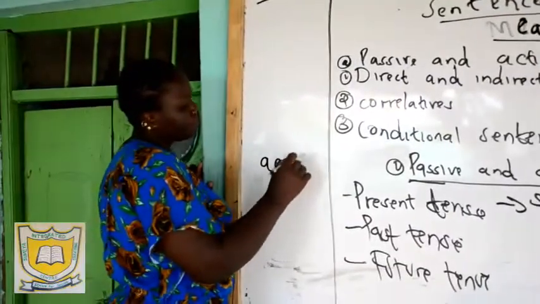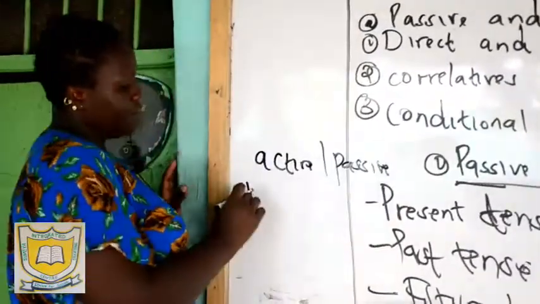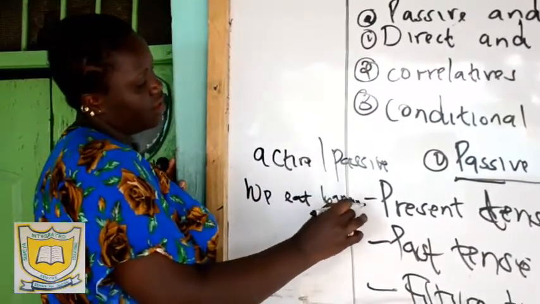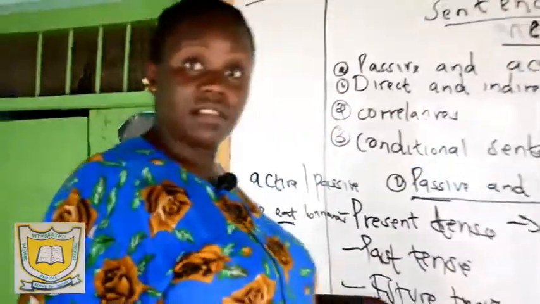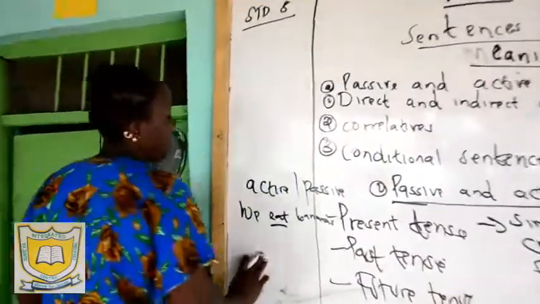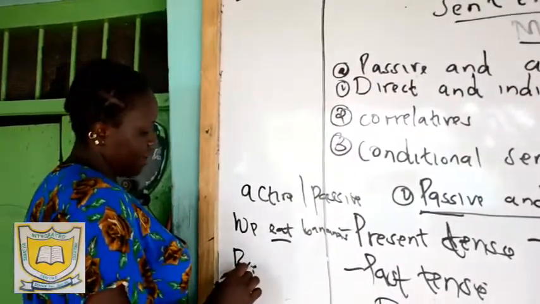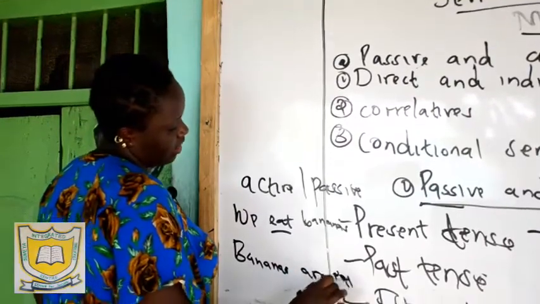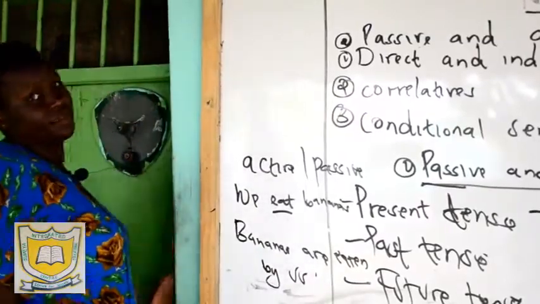Active, and you have the passive voice. Maybe somebody has said, we eat bananas. This sentence is in the present simple tense. Now, if we eat bananas, in my passive I'm going to say, bananas are eaten by us.